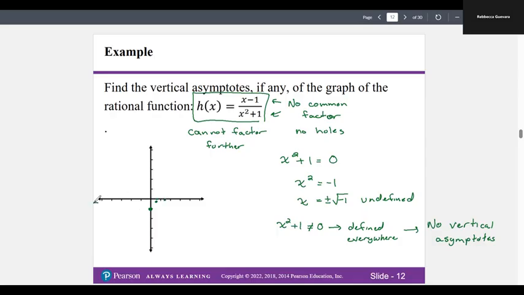So it comes along here, goes down, over, and then runs along this way. Let me fix that just a little bit. It goes down, over, goes up a little bit, and then runs down like this. But as you see, I have no vertical asymptote.